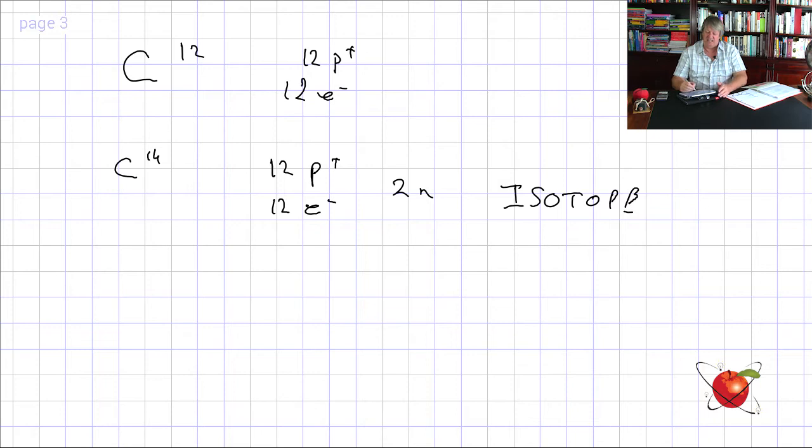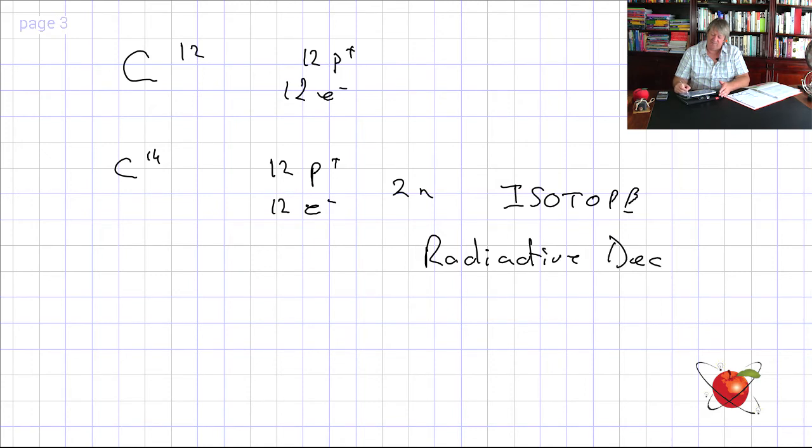What happens is it undergoes what's called radioactive decay. So over a period of time, these carbon 14 atoms start decaying back to carbon 12. The neutrons, let's say, disappear in a burst of energy. This process allows us to date fairly accurately how old that relic is that's been found.